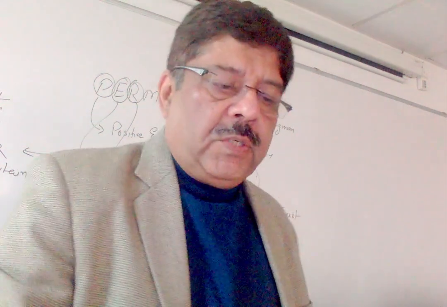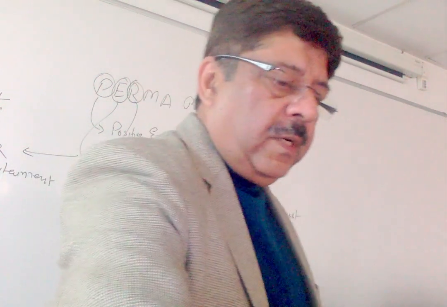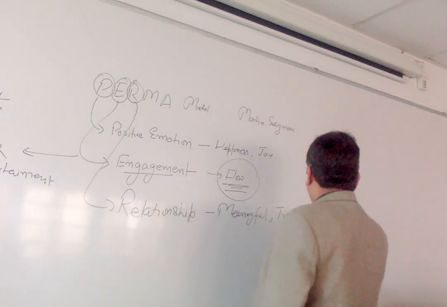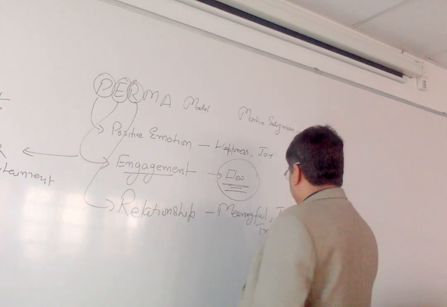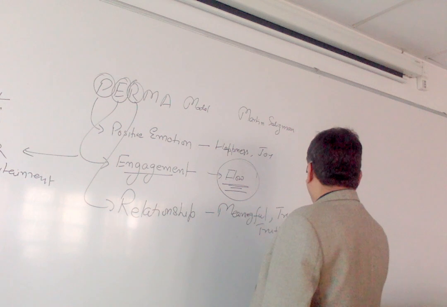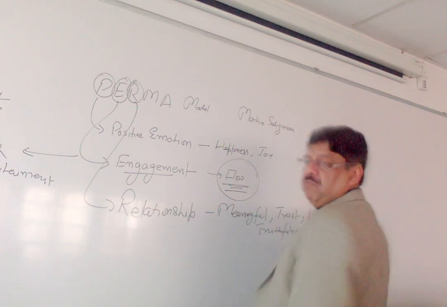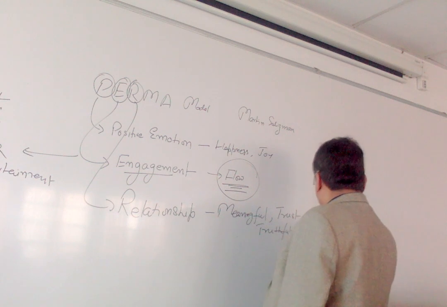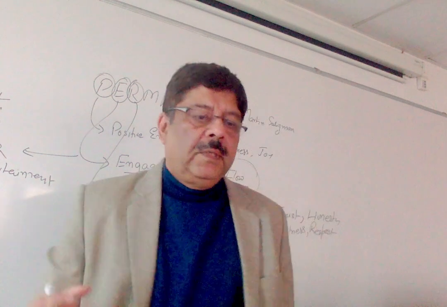If you can trust your friend, if you can trust your partner, if there is honesty, if there is truthfulness, if there is respect, mutual respect, then the relationship is good. You can trust.